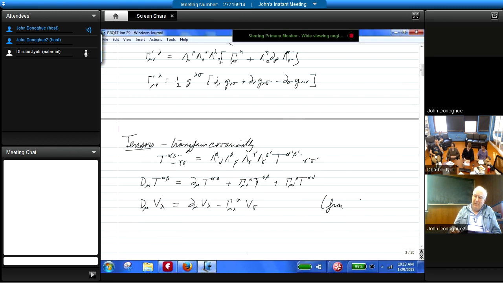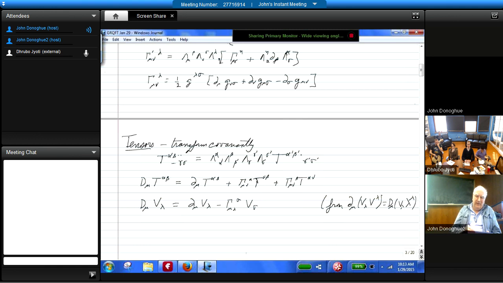If I have V lambda that transforms just like a scalar, the covariant derivative is the same as just the usual derivative, because there's no need for any of these gammas.